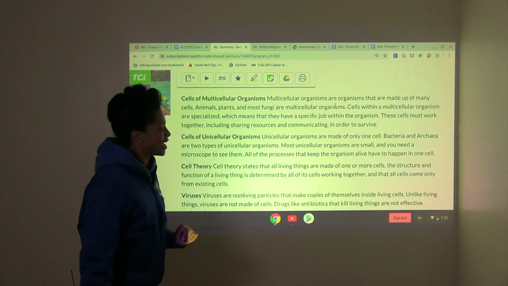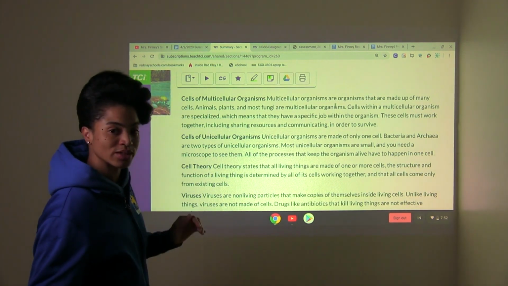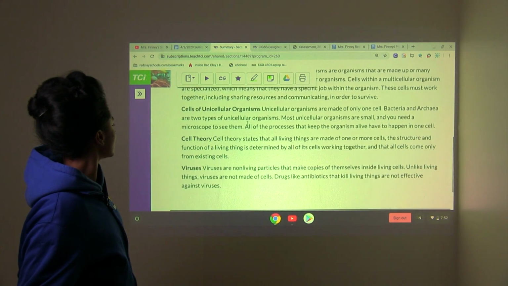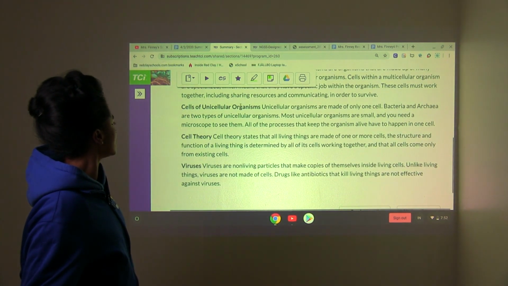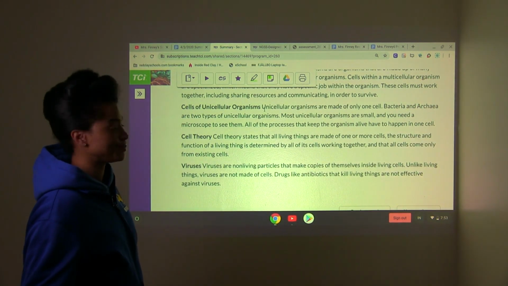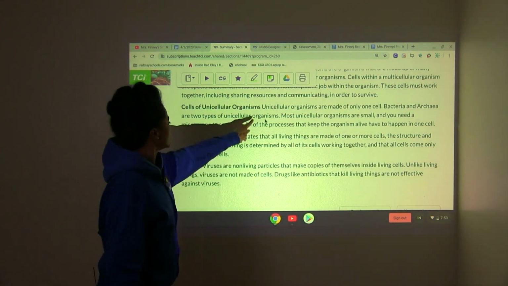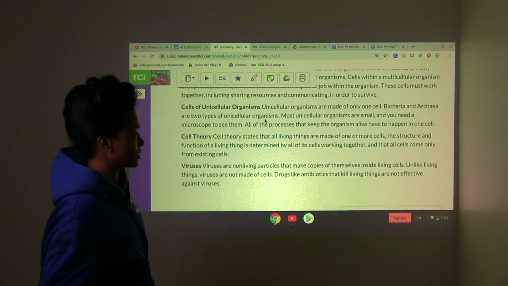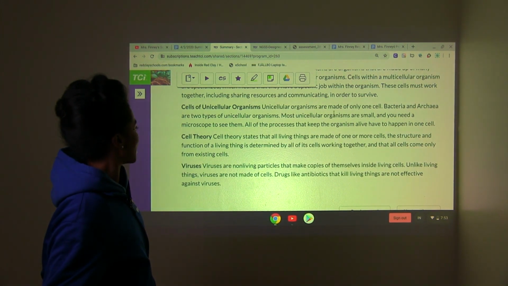All right? And so next, we went into unicellular organisms. So in that second section, cells of unicellular organisms, we learned that unicellular organisms are made of only one cell. Bacteria and archaea are two types of unicellular organisms.